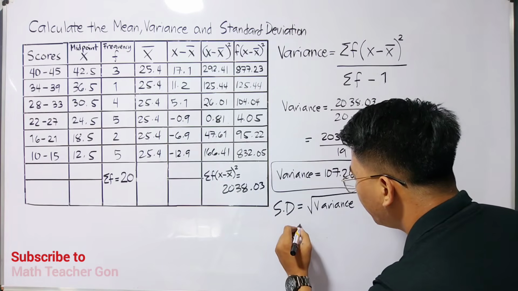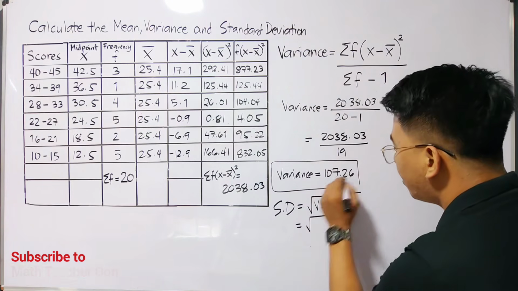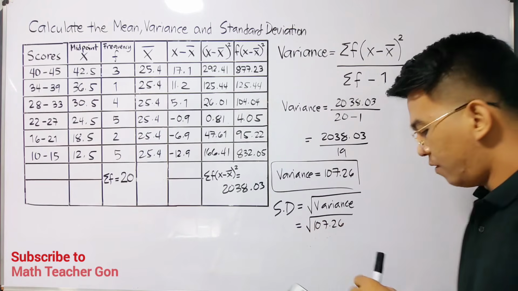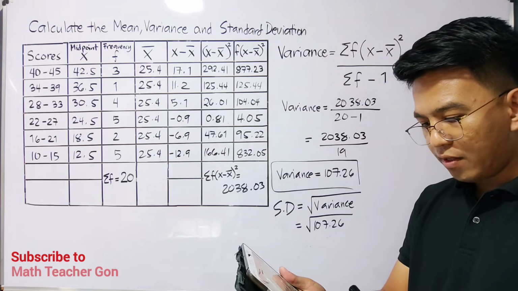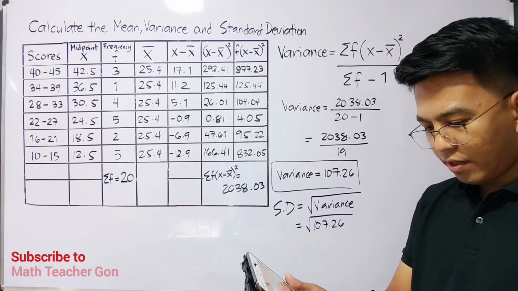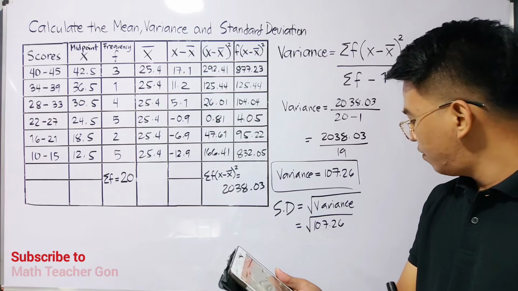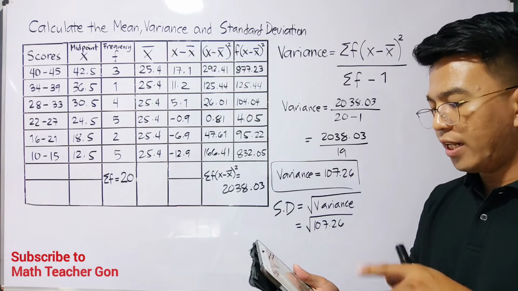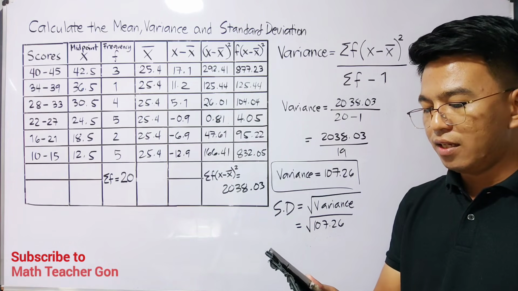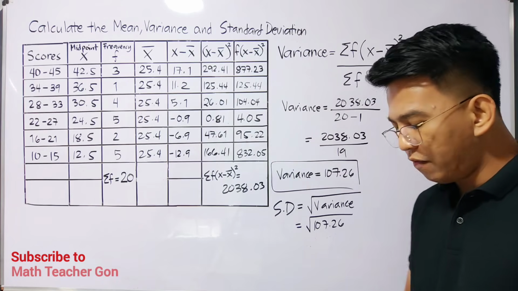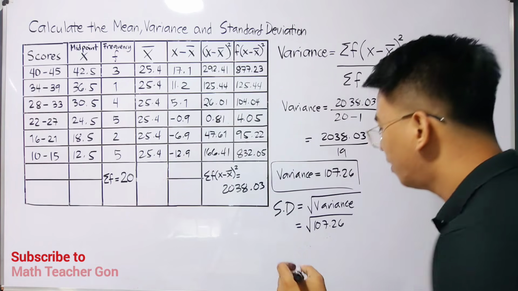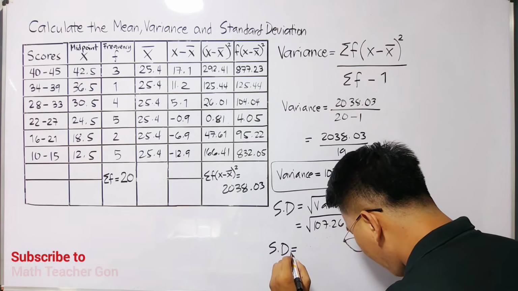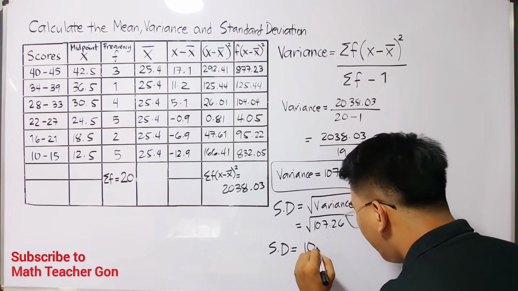So, you will put this value inside the radical sign. The square root of 107.26, and that is 10.356640. Medyo mahaba. I-round off natin into two decimal places. So, yung standard deviation natin ngayon is simply equal to 10.36.